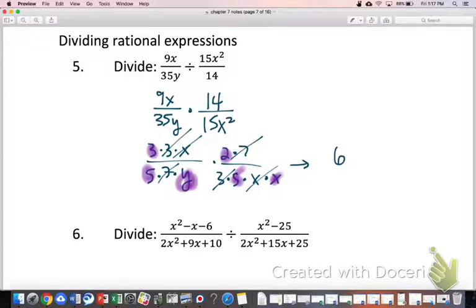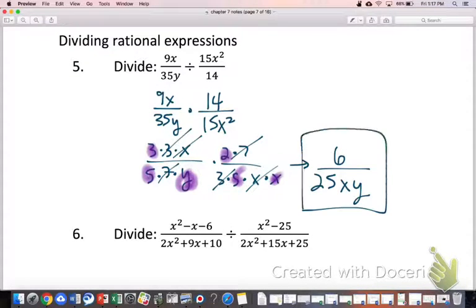So multiplying those together, 5 times 5 is 25, x times y, yep, just 25xy. Okay. I always do one last check, just to make sure that there's nothing I left on the table as far as I could have simplified it, could have canceled it out. I don't see anything between the 6 and the 25, so I feel pretty confident that would be my final simplification.